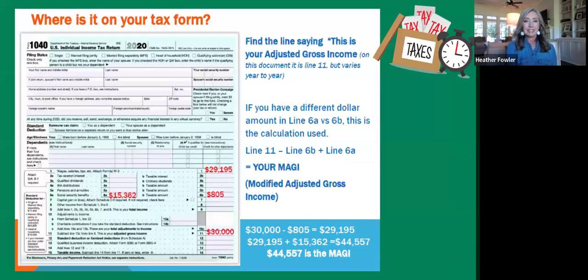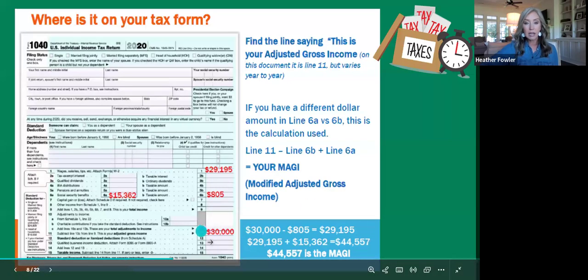So, Alicia was nice enough to share this with me. It's something that she had found, and I thought it was really good, so I wanted to share it with everybody else. It just talks a little bit about how you can find that MAGI. Like I said, most of the time it's going to be line 11 on the 1040.